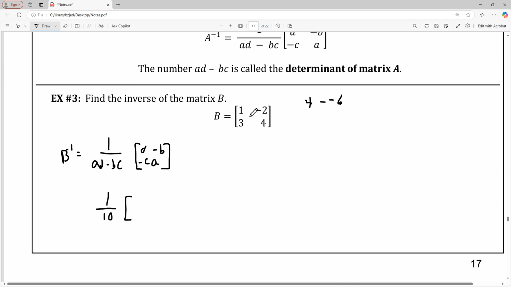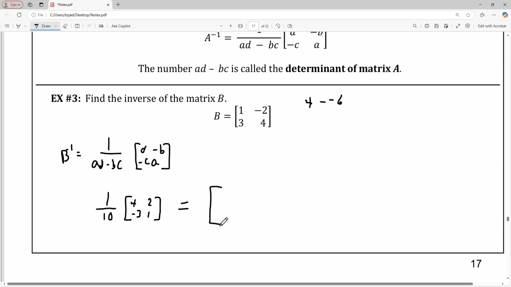Times the matrix. All I do is switch D and A around. So this is going to be a 4 here. This is going to be a 1 here. And these two, I just change the signs. So this becomes a positive 2. This becomes a negative 3. And you know how to multiply a scalar to a matrix already. I'm just going to multiply this 1/10 to all 4 of the terms.